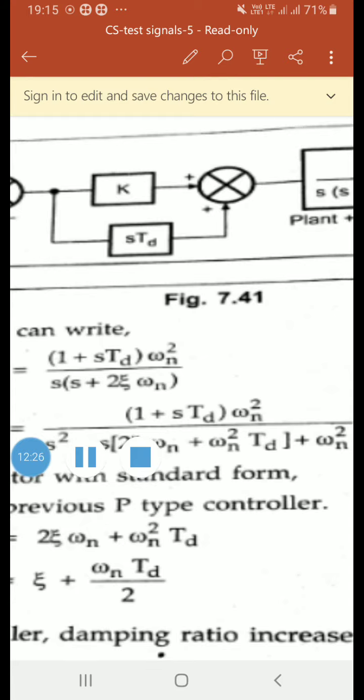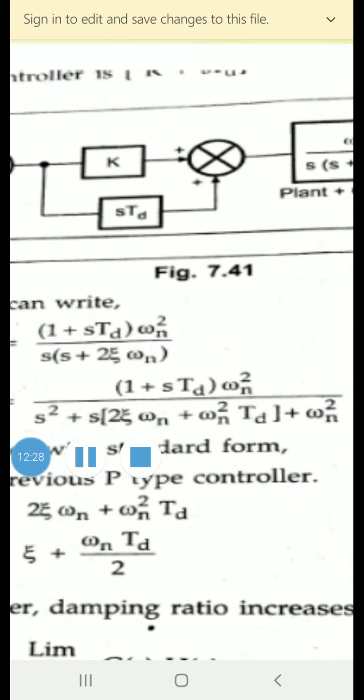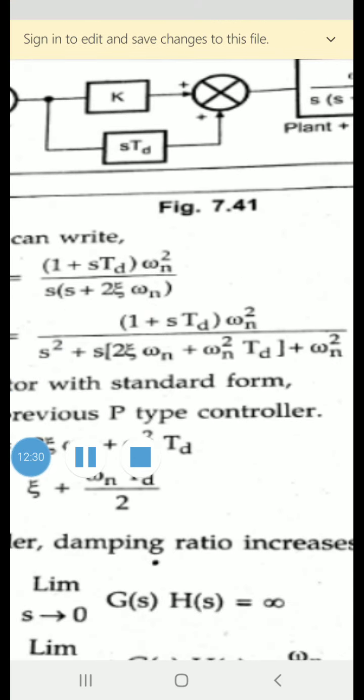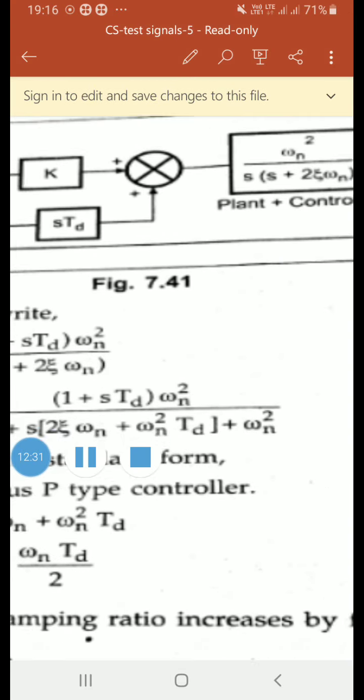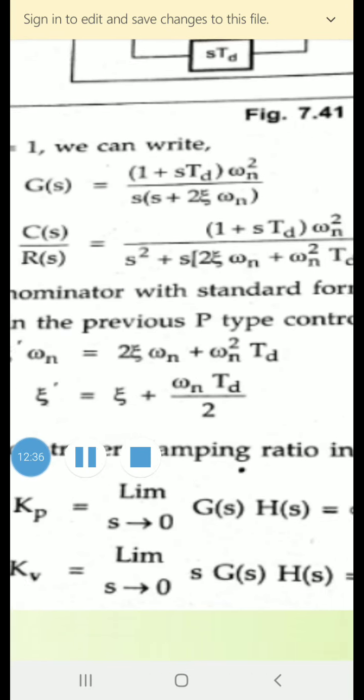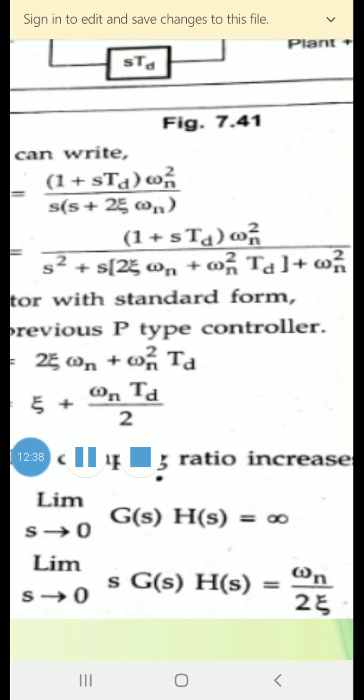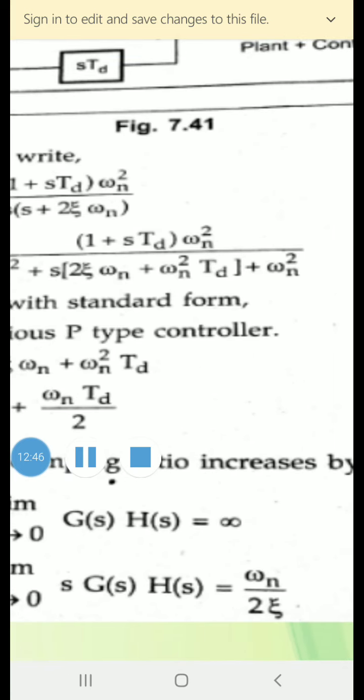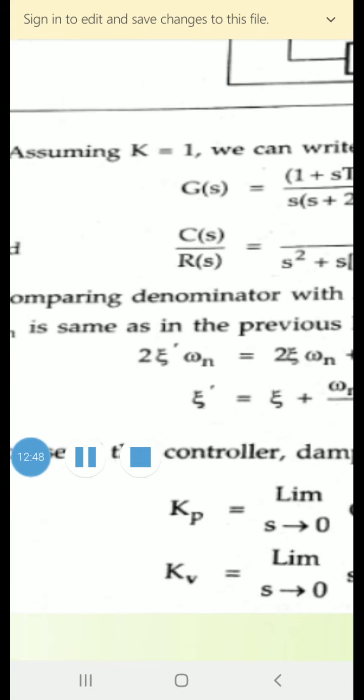So C of s by R of s will be equal to 1 plus s Td omega n square by s square plus s 2 damping ratio omega n plus omega n square Td, plus omega n square.